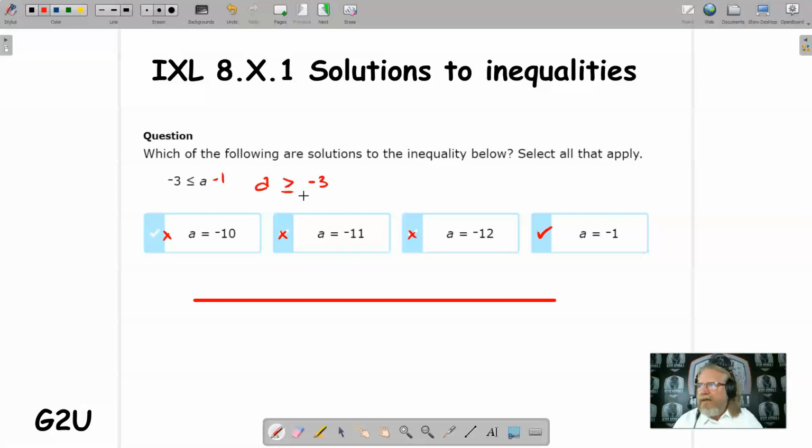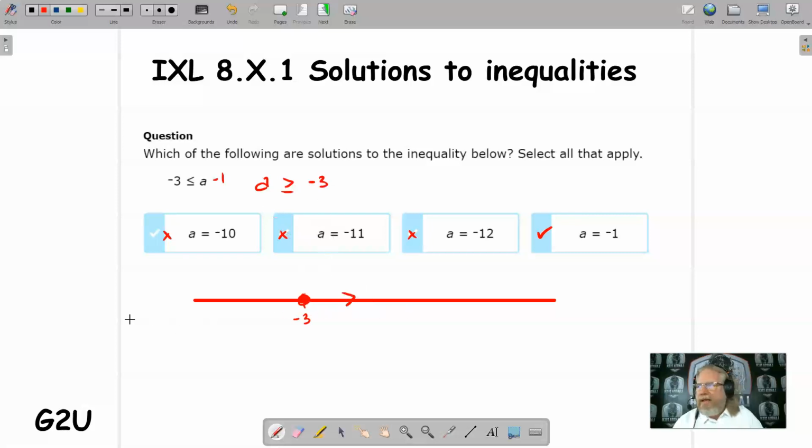It's pointing at the 3, so let's keep it pointing at the 3. And so you would graph your -3 on your scratch paper and realize that should be a solid dot, and then it's everything to the right. Everything A greater than -3. So everything that's greater than -3 is to the right.